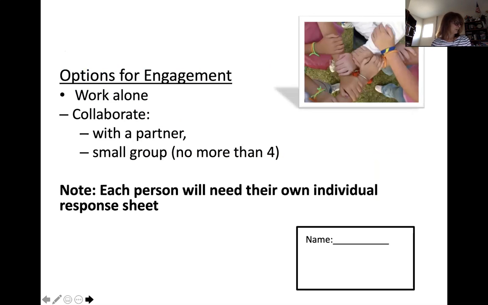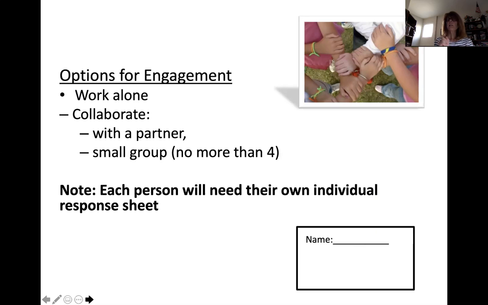So my next part of this is, okay, I want an output, right? I want my student, after they have the background, to be able to give me a work product. So here's an option for engagement. You can work alone. You can collaborate with a partner, or you can do it in small groups.